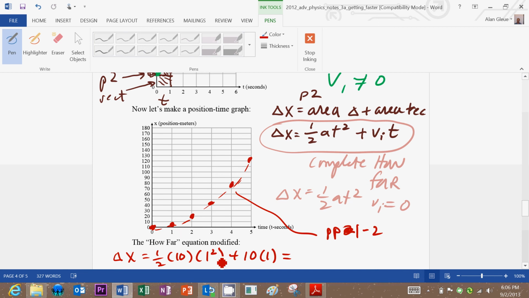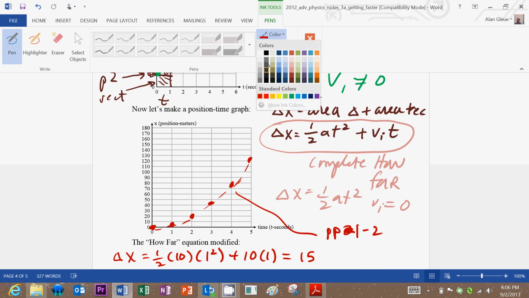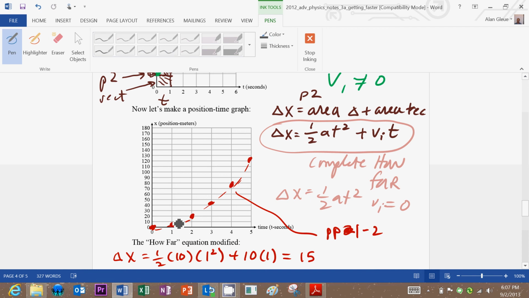That's our initial 5 plus 10. So we're really now at 15 units of distance. Let me change the colors here. So now we're here. Without the initial velocity, we went 5 meters, but now we add an additional 10 to that. So this would be 1 comma 15.